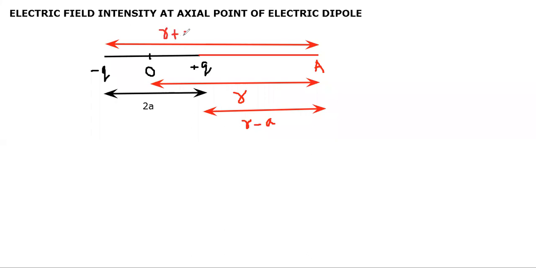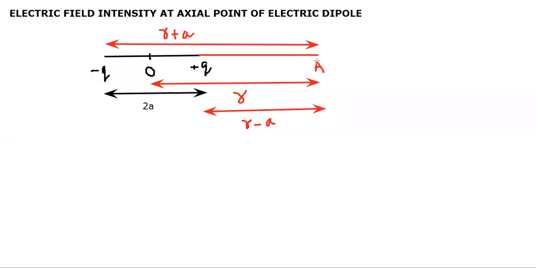Now at point A, where we have to find electric field intensity, there are two charges which will be contributing towards the electric field at that point. One charge is plus Q and another charge is minus Q. So the first thing that we are going to do is give direction to the electric field.